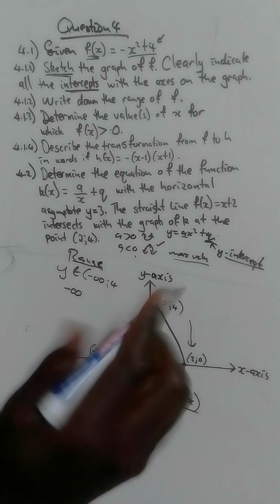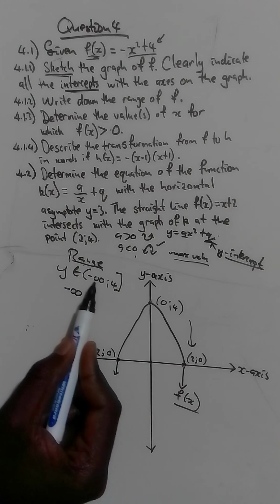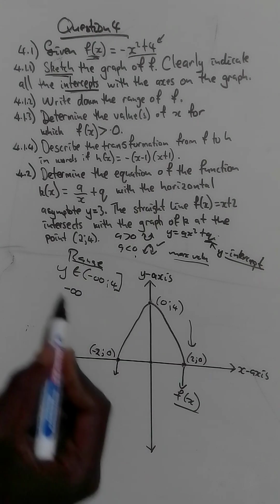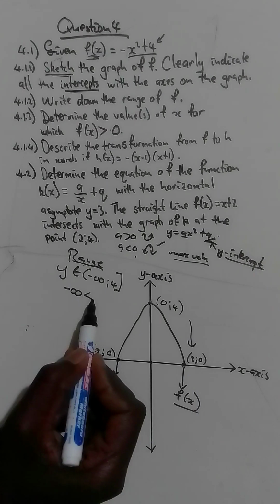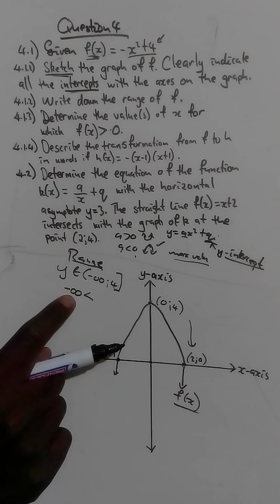And my 4 has a square bracket, because remember, negative infinity is smaller than positive 4. So here I say negative infinity is less than, and I use this sign to show that negative infinity is not included.